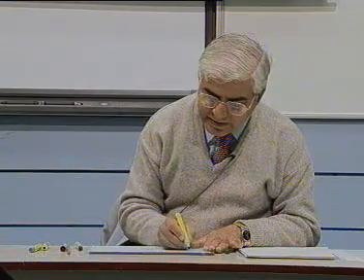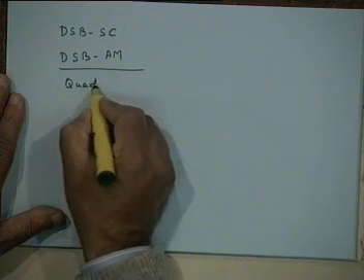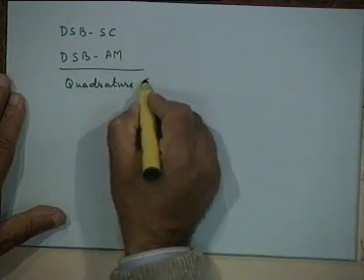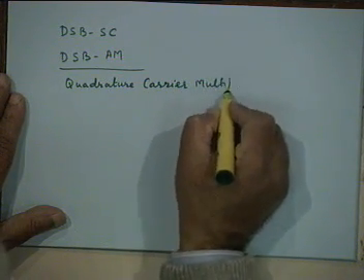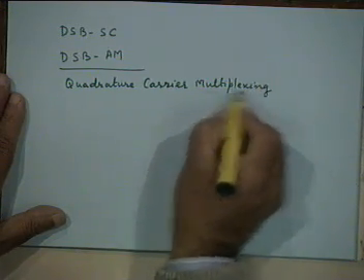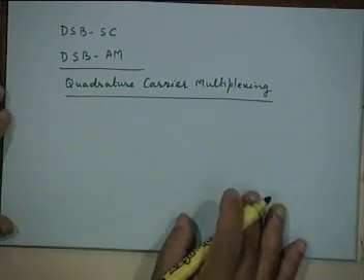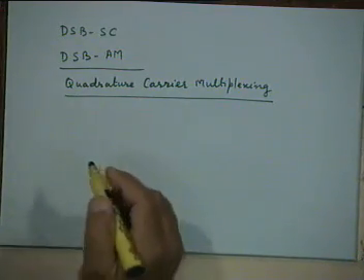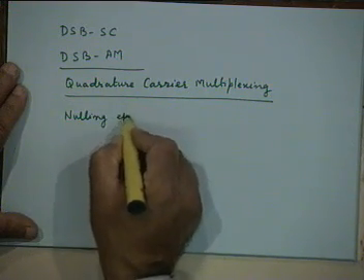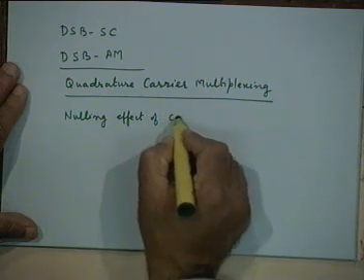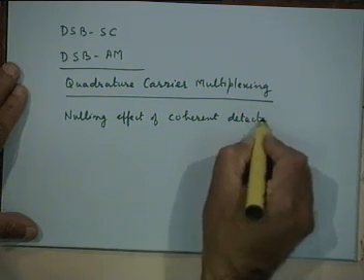So this is a very nice thing one can do, which is called quadrature carrier multiplexing. That is, you can put two signals on the same carrier, right? Normally we don't think of putting two signals in the same carrier. So we are here using the nulling effect of the coherent or synchronous detector to advantage.